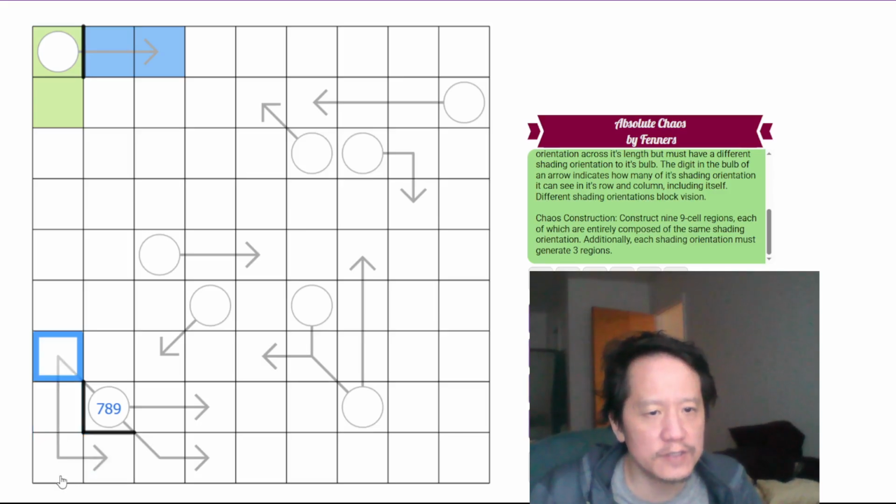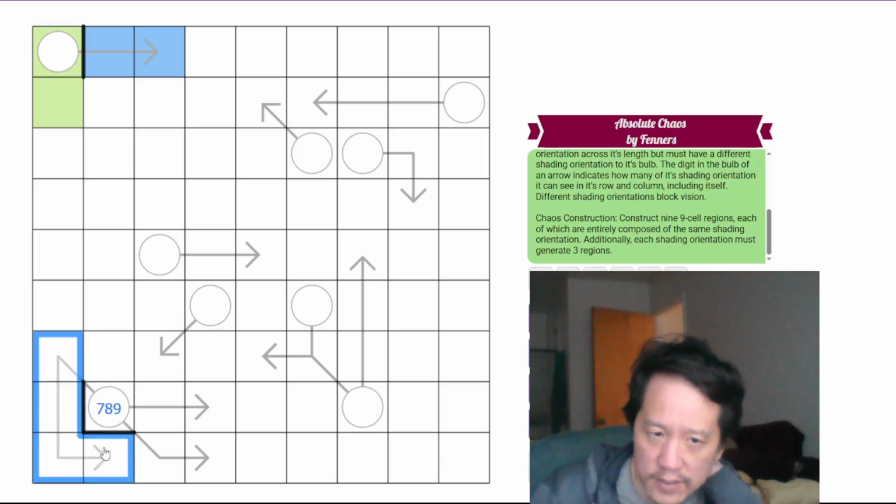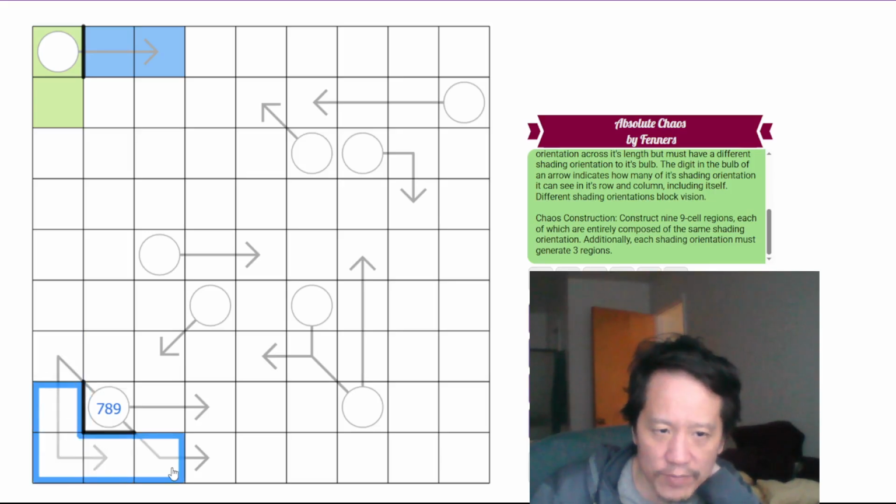So this digit must be in a different region than at least one of the other ones here. And since they're blocked off by this, because this is a completely different shading, this must exit out this way also.